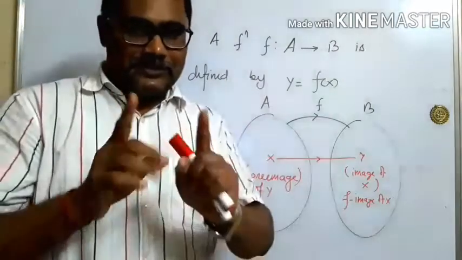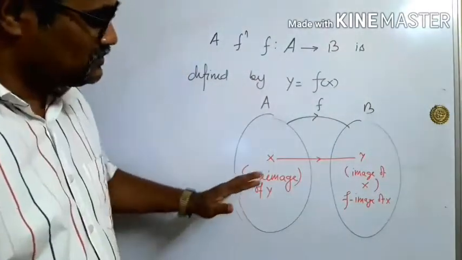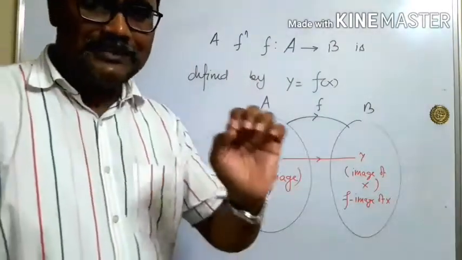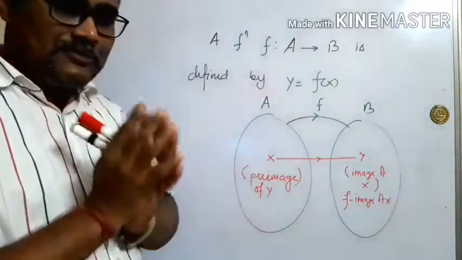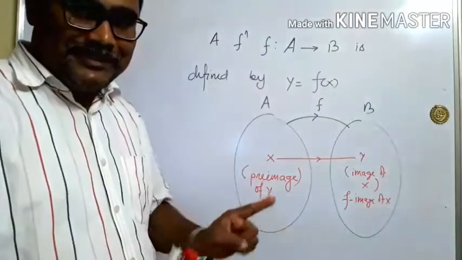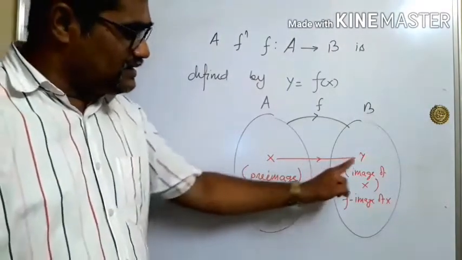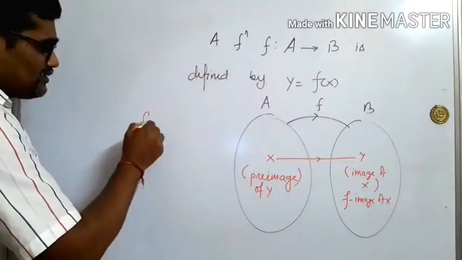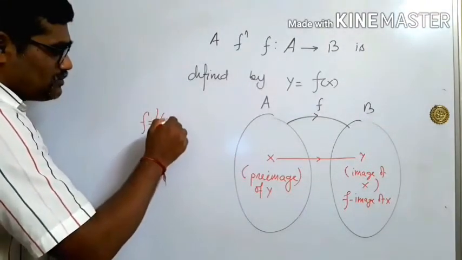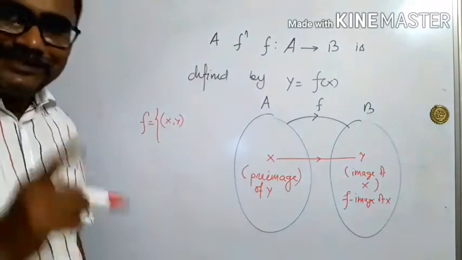Now one very important point. Already you have got the idea of relation, writing it in ordered pairs. That means I am talking about the roster method. If x is related to y, then can I write this function also in the way of ordered pairs like this? Yes, I can.